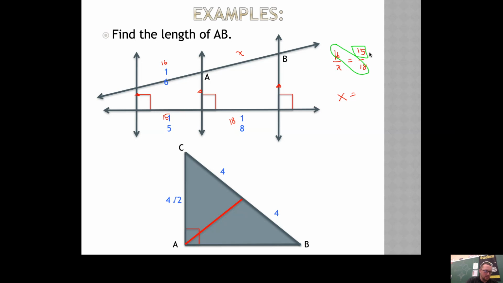So 16 times 18 gives you 288, divide by 15, you get 19.2. Notice how we're getting a lot of decimals. That doesn't mean you're wrong. It's natural to be skeptical. You can always double check your work. 15 times 19.2. It's going to give you the same thing that 16 times 18 does. That's how you know you're right.